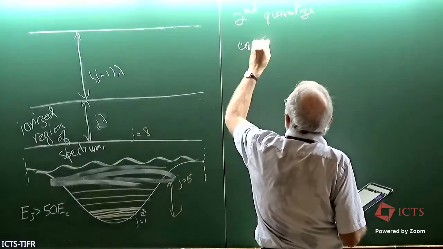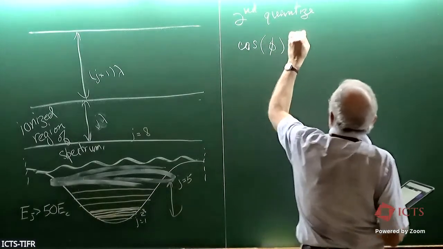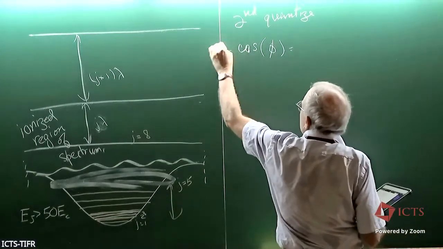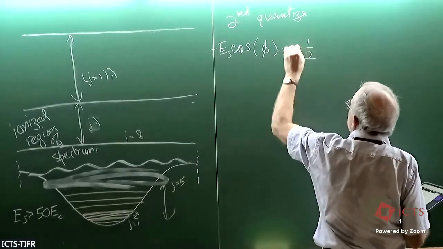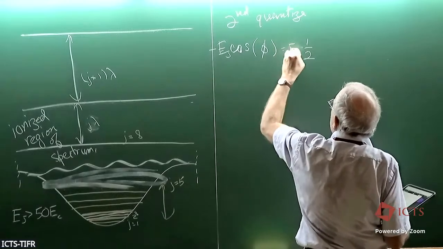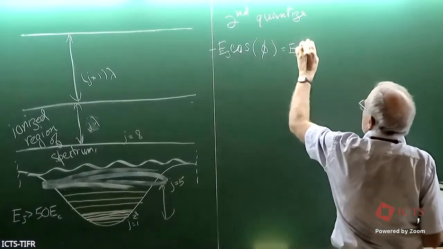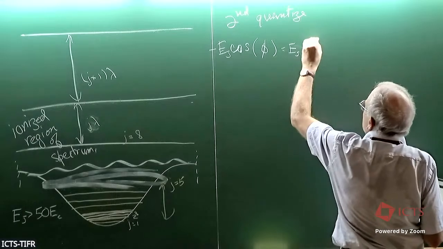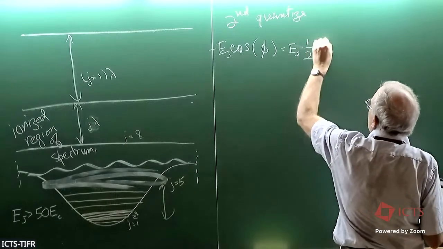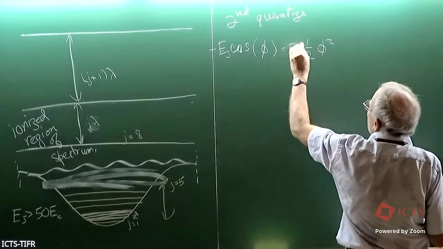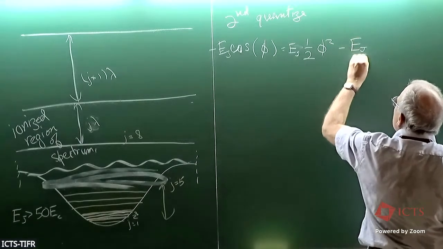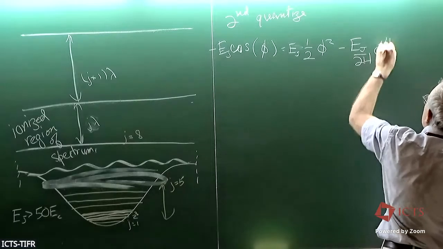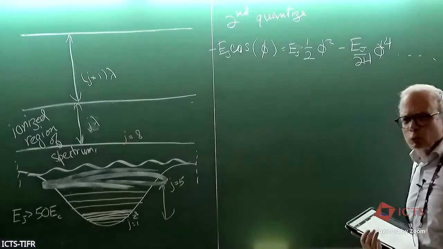Cosine phi, of course, is minus EJ... plus 1/2 EJ out front, I'll forget about the constant, phi squared. And then minus EJ over, I believe, 24, phi to the 4th power. And let me stop there, so I stop at 4th order.